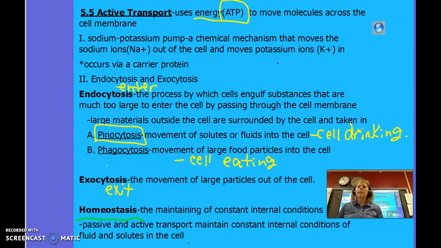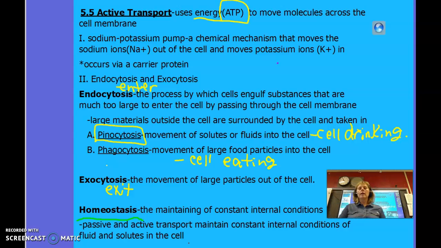We need to regulate body temperature. We need to regulate the pH in certain parts of the body. All of this homeostasis really starts or finishes, if you will, but it takes place at the cellular level. It's all about what goes into and out of that cell membrane.